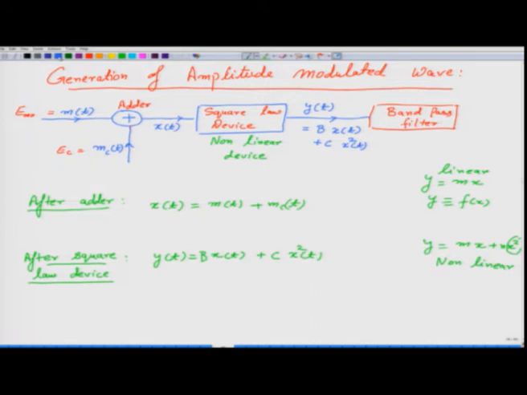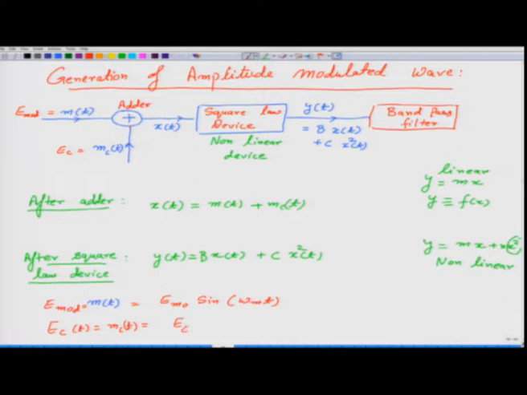Now, going back to our original equation, m(t), which is equal to E_m(t), let me write the d also, otherwise we will confuse it with m naught. This was represented as E m naught sine of omega m t. E m naught is the amplitude, omega m is the angular frequency, and E_c(t), which is now equal to mc(t), is the carrier wave.